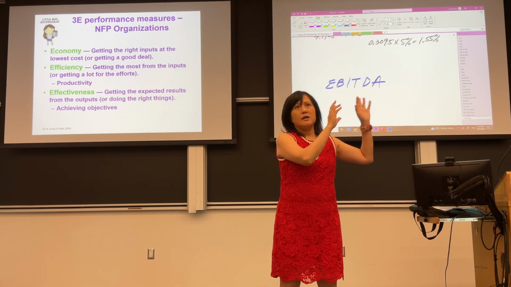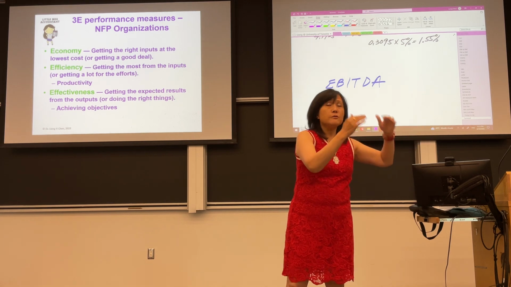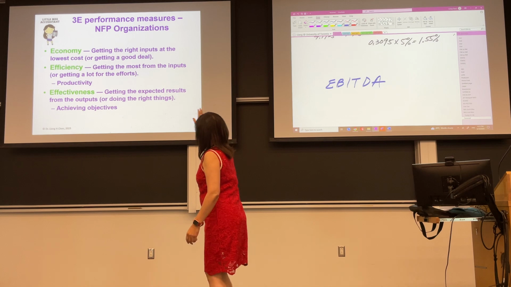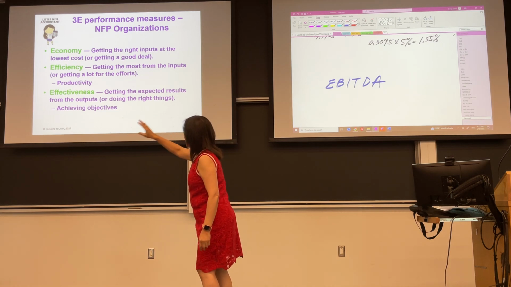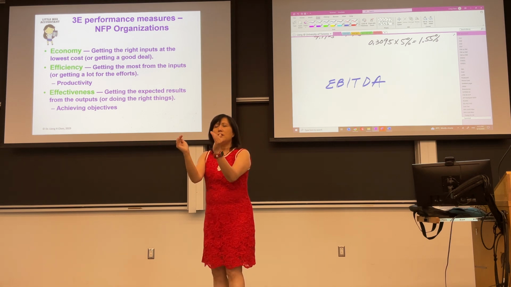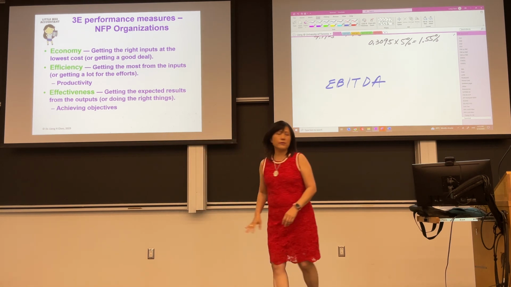How many hot meals do you serve to homeless people? Of course, the more, the better. So it's looking at the relationship between input and output, efficiency. If you're very efficient, with limited resources, you can serve a lot of people. Okay, so this is the 3 E's.